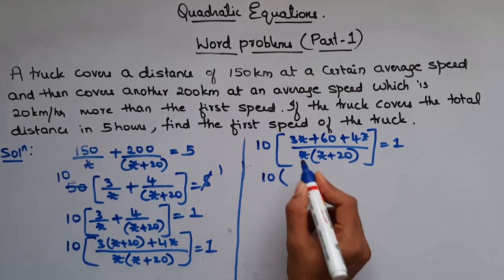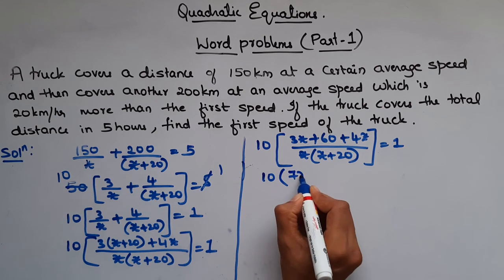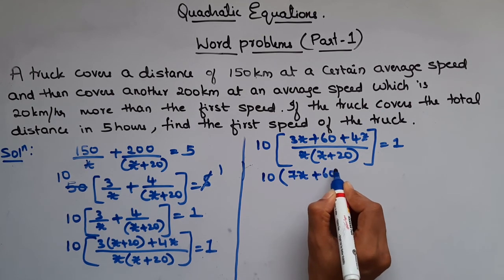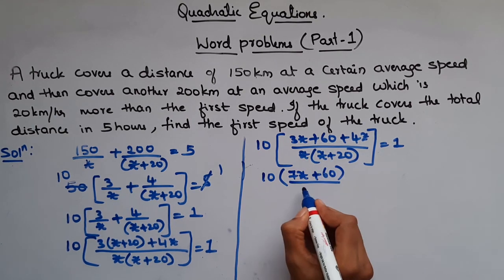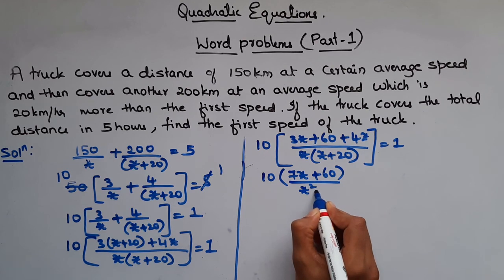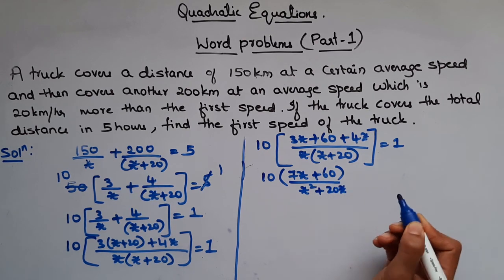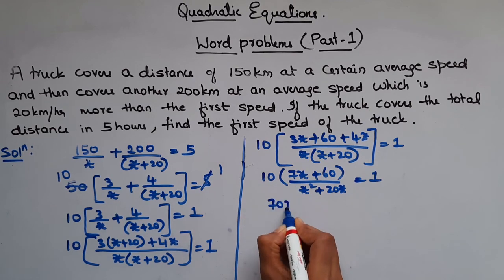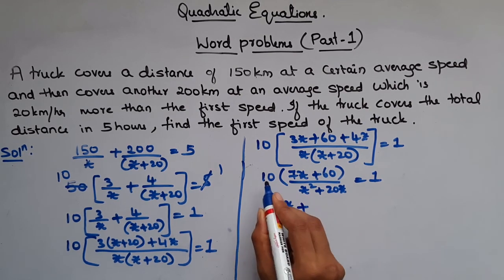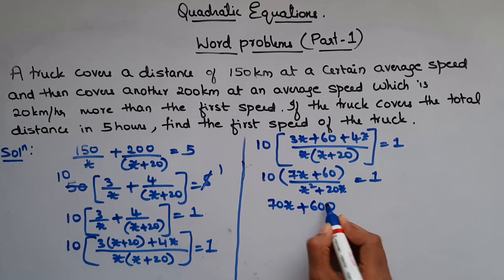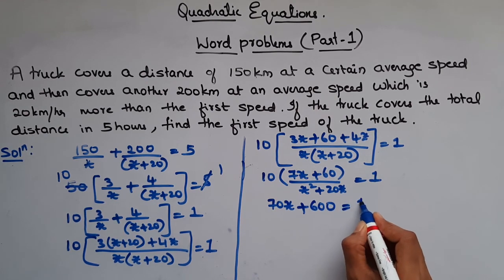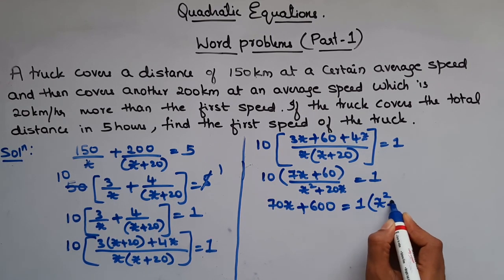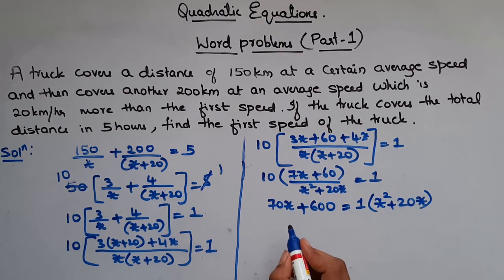So 10 into 3x plus 4x will give you 7x plus 60 divided by x into x is x square plus 20x, right, which is equal to 1. 10 into 7x is 70x plus 10 into 60 is 600, which is equal to, cross multiply now, 1 into x square plus 20x, right?